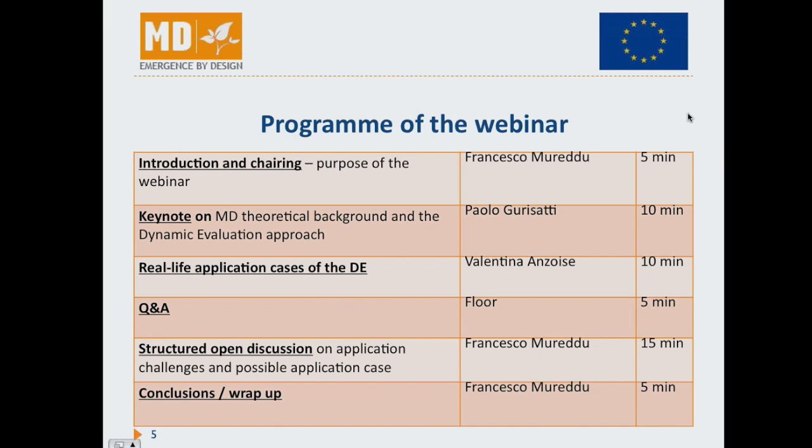Now I have a question myself. As an evaluator, I always base my evaluation on a set of criteria, whether it's evaluation of innovation or evaluation of technology. Which are the criteria on which dynamic evaluation is based?